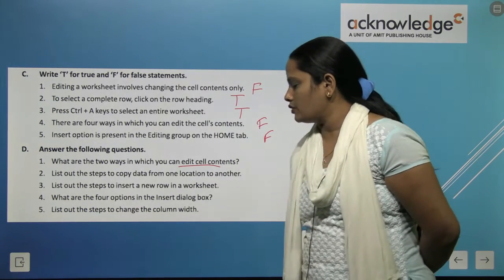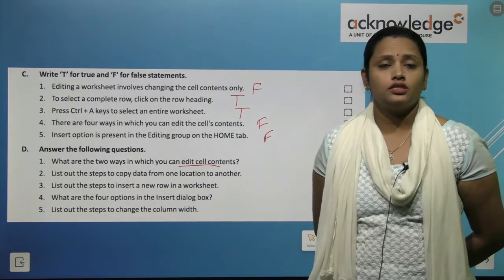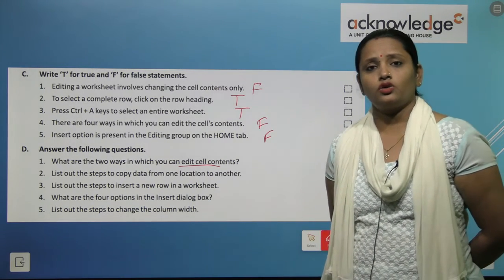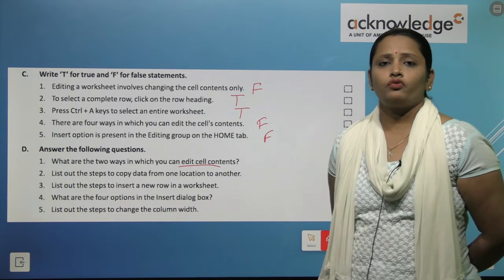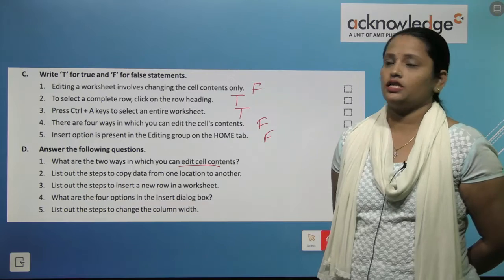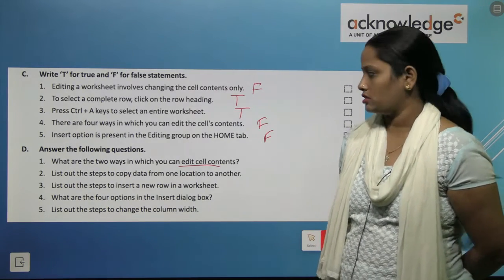So the 2 ways in which we can edit cells content is, first one is we can overwrite it by using overwriting option, and the second one is by modifying the content partially. These are the 2 ways in which we can edit cells content.